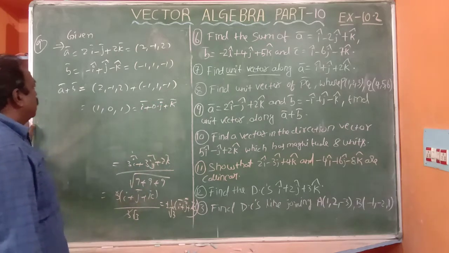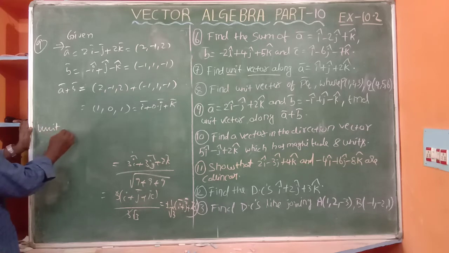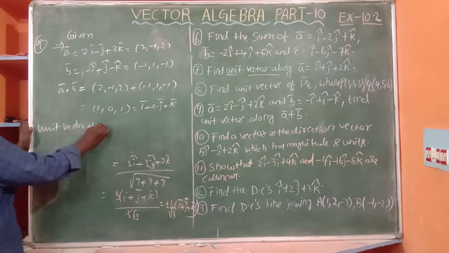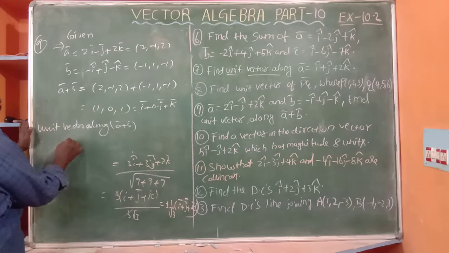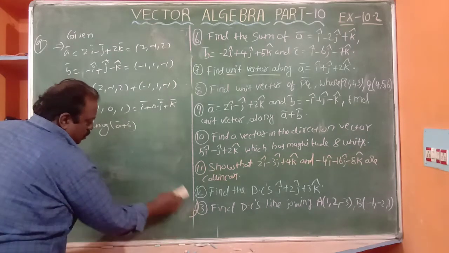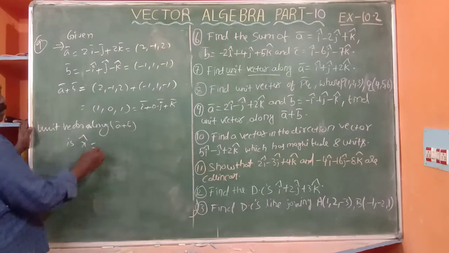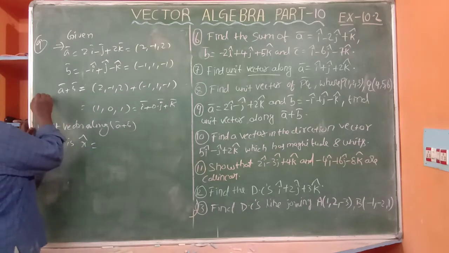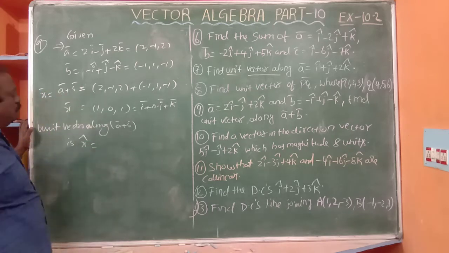Now, unit vector along A bar plus B bar, how can you calculate? Let it be x bar.